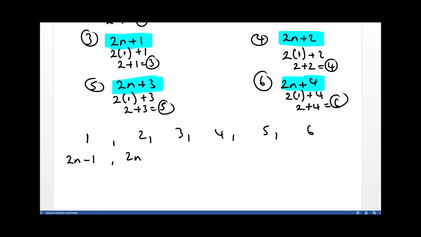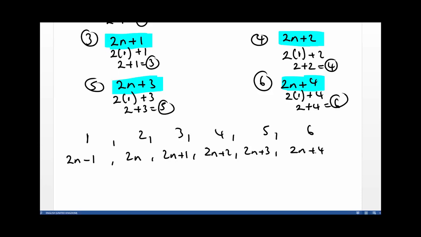Our third number is 2n plus 1. Our fourth number is 2n plus 2. Our fifth number is 2n plus 3. Our sixth number is 2n plus 4.